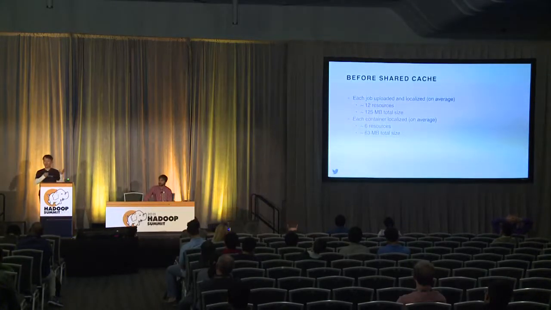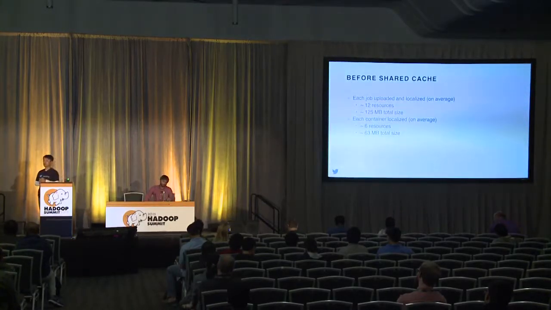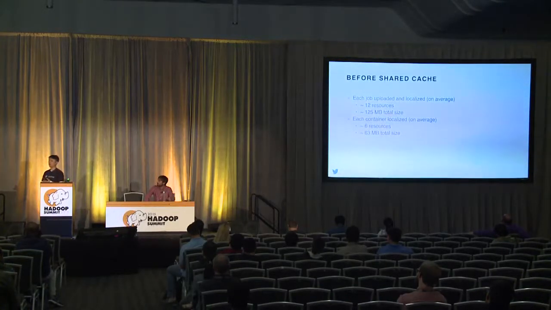And on the back side of things, where individual worker nodes localize all this data, let me show you some of the data before we enabled the shared cache. Before we enabled the shared cache, each job, on average, uploaded and localized roughly 12 resources per job and about 125 megabytes on average.